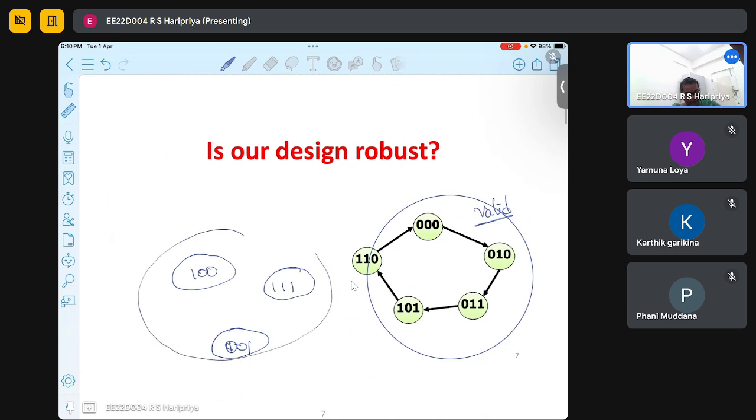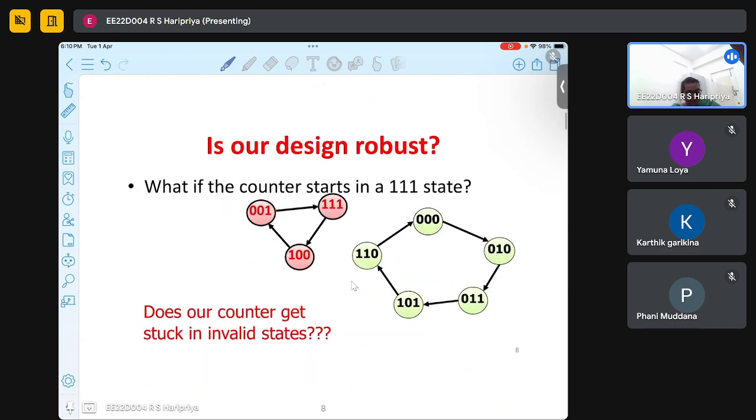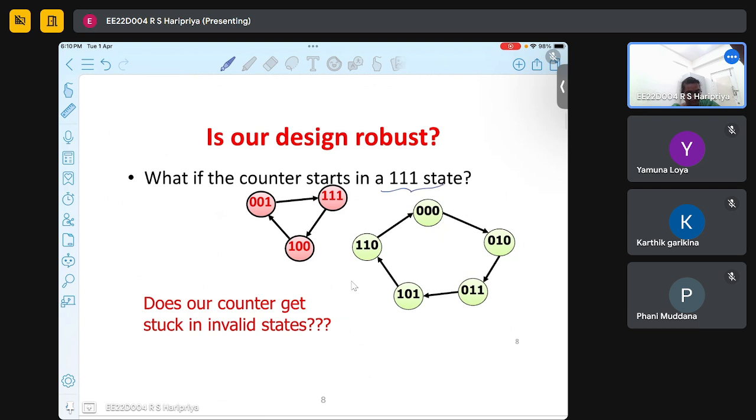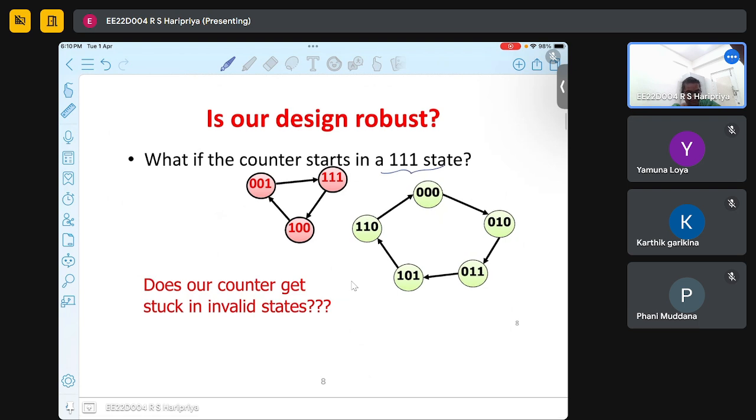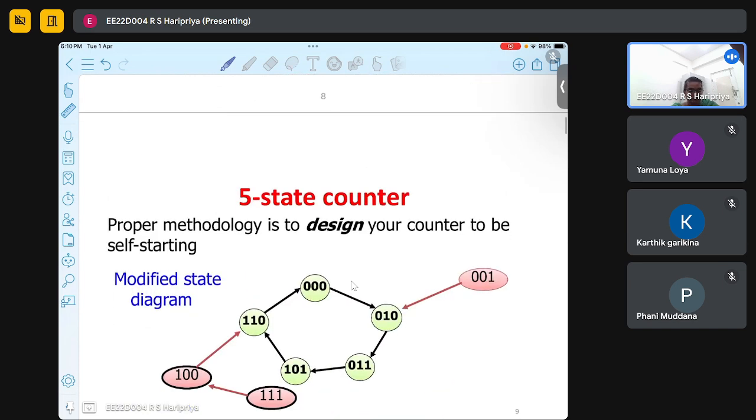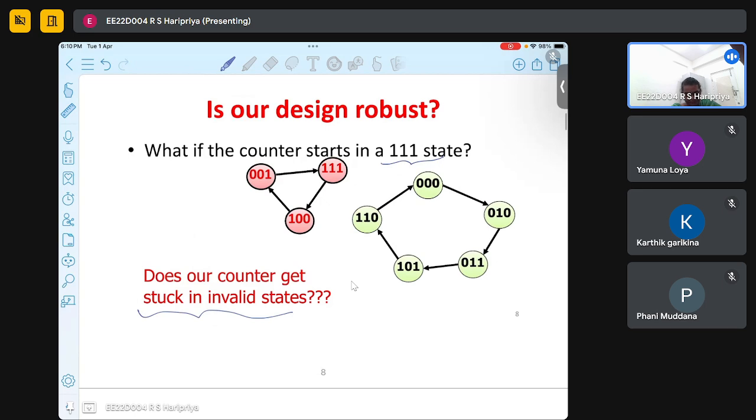These states are invalid states. So what if the counter is in such a state? Does our counter get stuck in this invalid state? We should have some mechanism to bring it from this invalid state to a valid state.